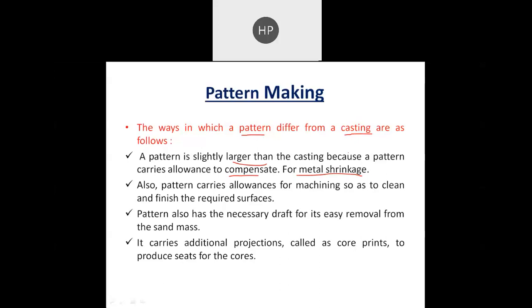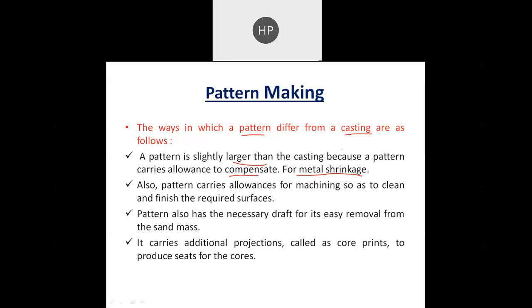Shrink means its size will reduce, and the actual shape will be somewhat smaller than the original shape. So to get the original shape, we have to make the pattern larger than the original size, so that after solidification we can get the required shape.